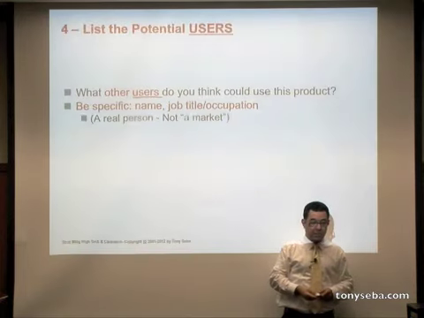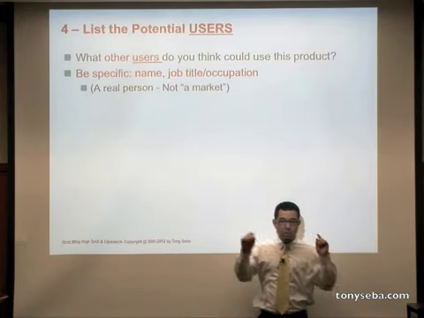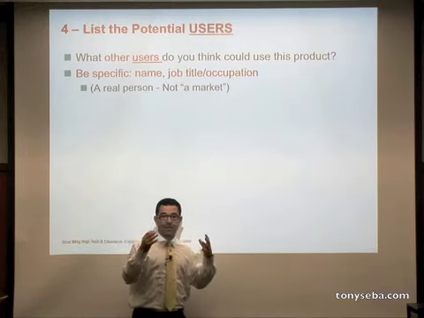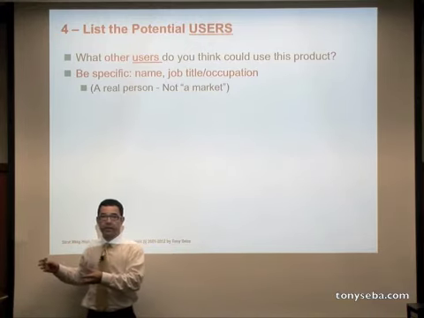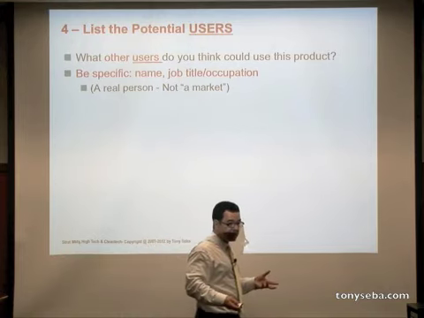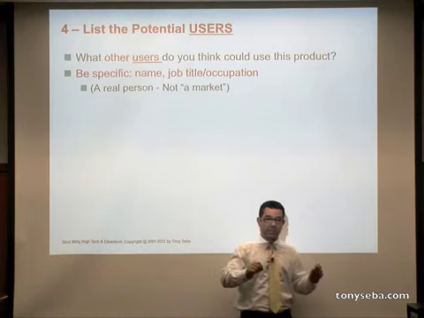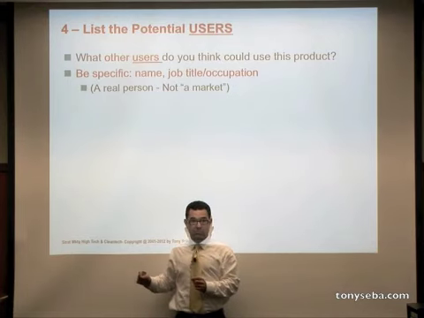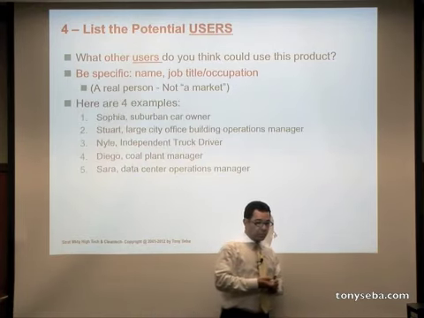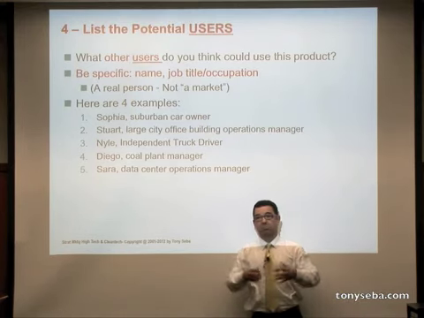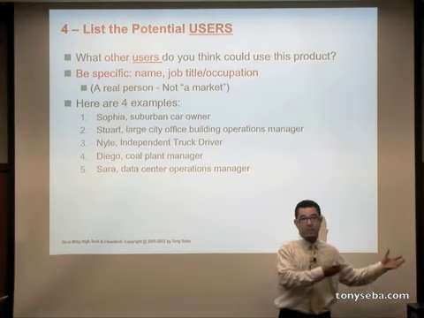So you do this. Number 4, you list other potential users. So we started with Niall, who's an independent truck driver, but again, users are specific. Show me a name, show me a title. All right? So here are 4 examples that I came up with at Starbucks in Menlo Park.